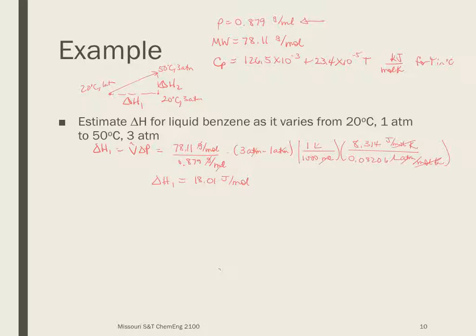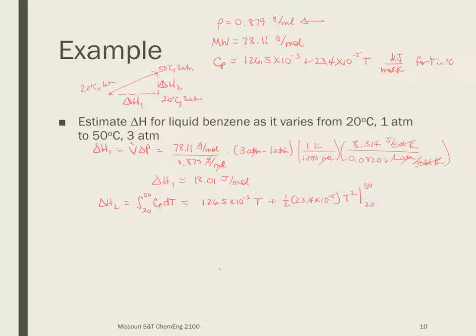Next, let's calculate delta H2. Delta H2 is where I hold the pressure constant and change the temperature. So I'm going to integrate from 20 to 50 degrees C, C sub P dT. C sub P is given above, so this is 126.5 times 10 to the minus 3 T plus 1/2 times 23.4 times 10 to the minus 5 T squared, evaluated from 20 to 50.